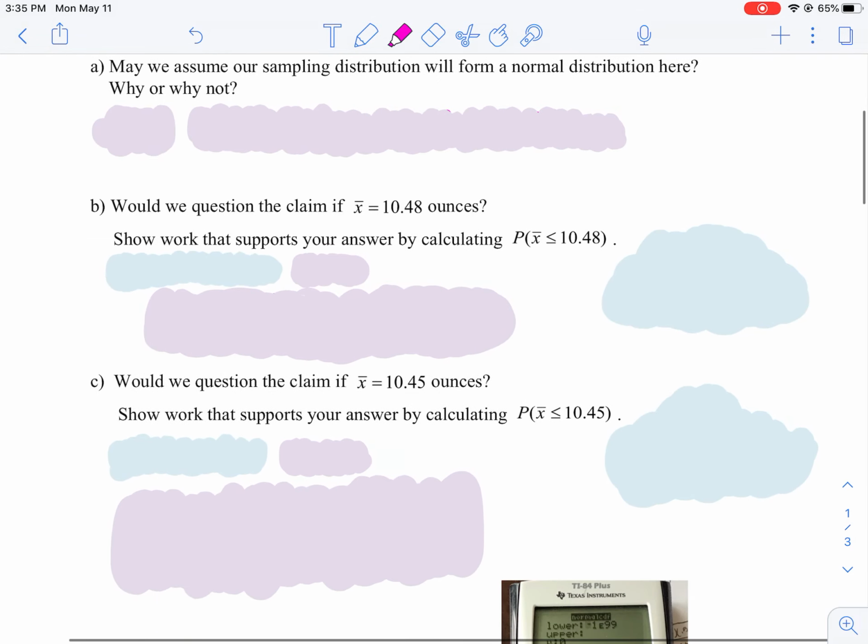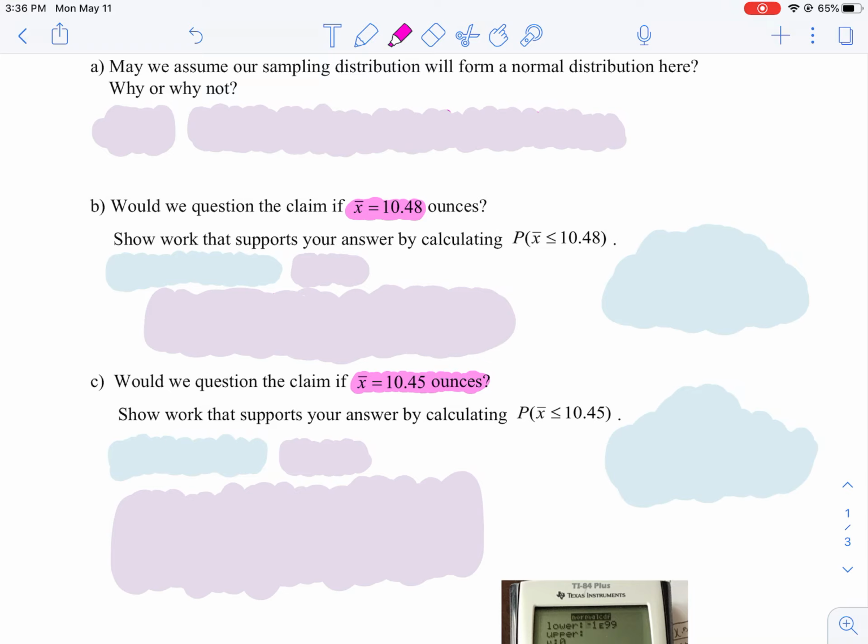Would we question their claim of 10.5 ounces for an average if we get a sample mean of 10.48? Or would we question the claim if we got a sample mean of 10.45 ounces? Meaning, what's the probability of getting each of those?